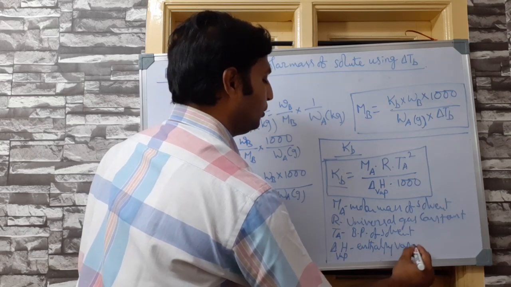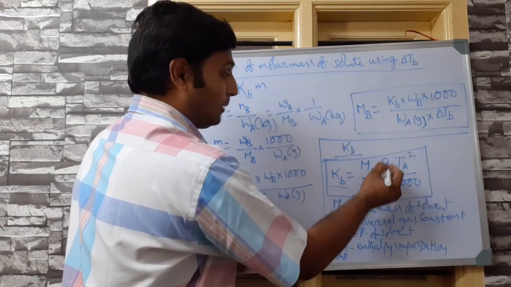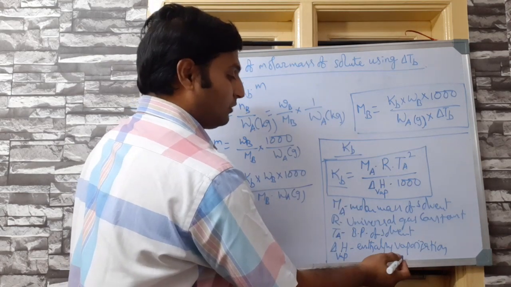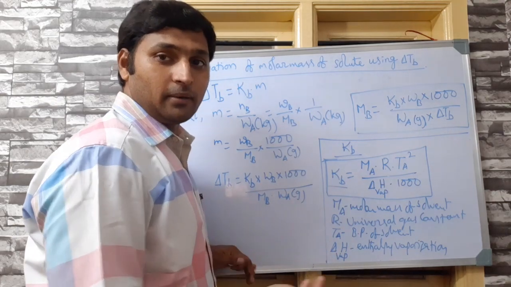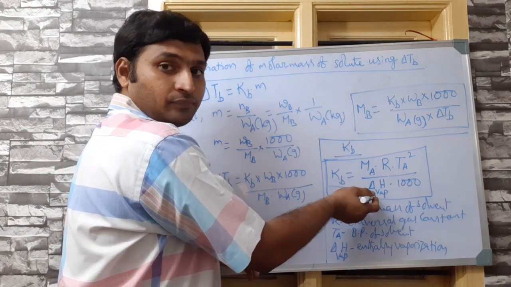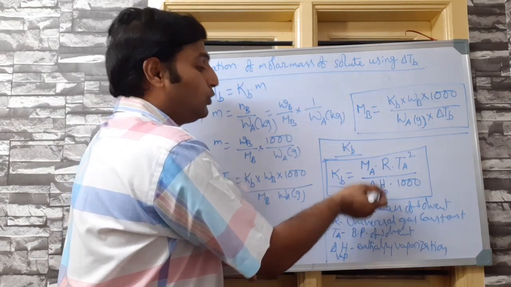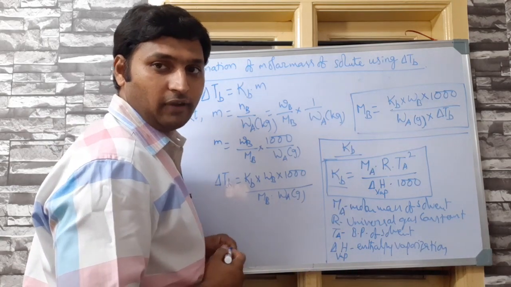Again, as I told you, if enthalpy of vaporization is given in joules per mole, then take 8.314 here. If enthalpy of vaporization is given in kilojoules per mole, you take 8.314 into 10 power minus 3. Or you take 8.314 here and you multiply this by 1000. Either way it will be fine.